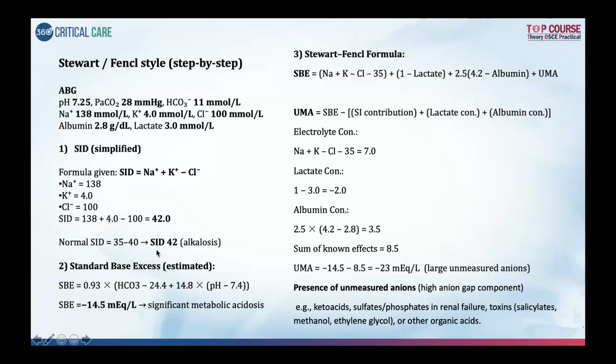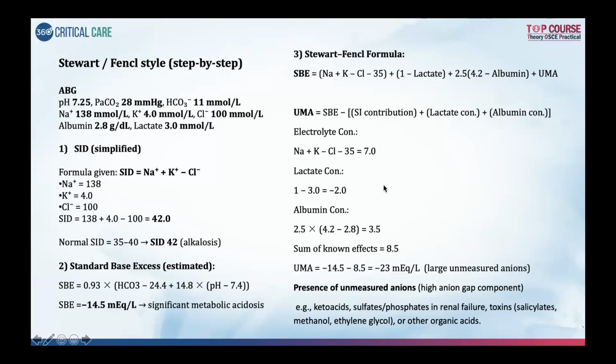Then the standard base excess that you get, and the contribution of strong ions, lactate, and albumin. This is the formula, so you can substitute everything in this. The contribution of the strong ions will be 7. The contribution of lactate will be 1 minus 3, which is -2.